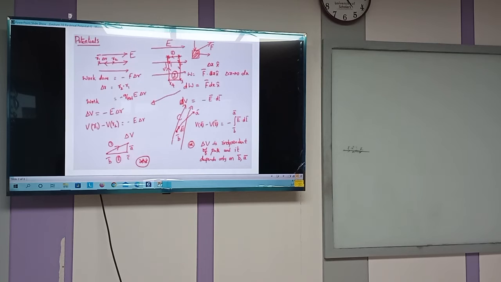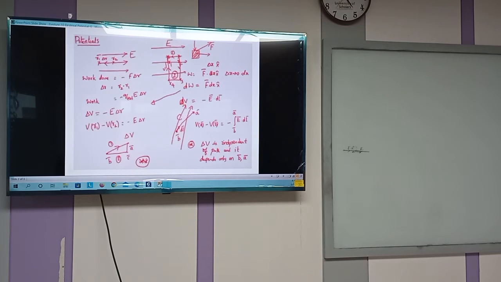Now if I pick two points, B and, let us say, I am moving the charge from point B in the space to another point A in the same space.